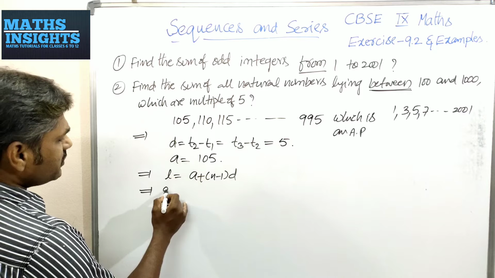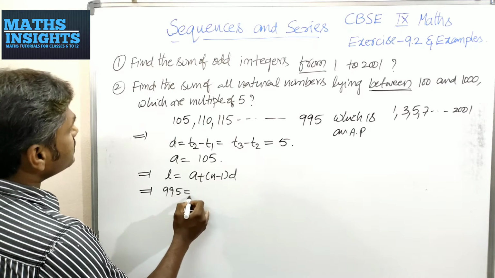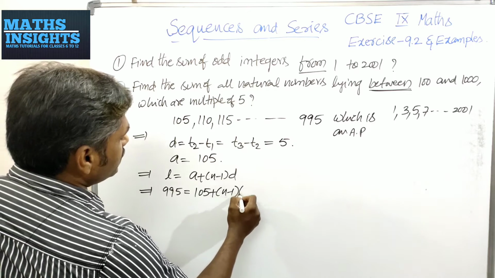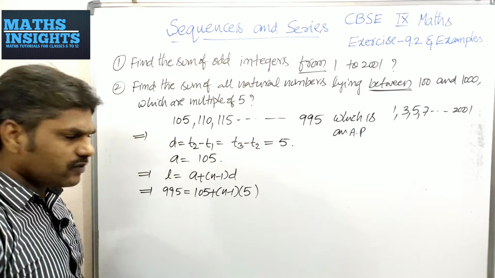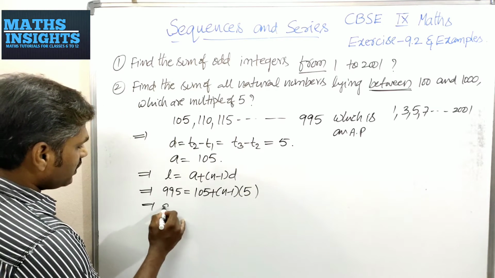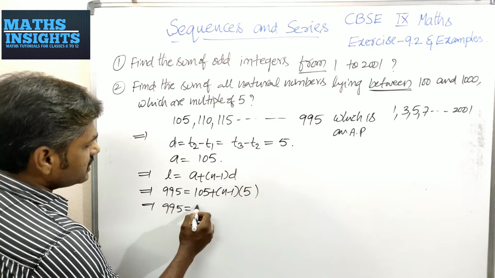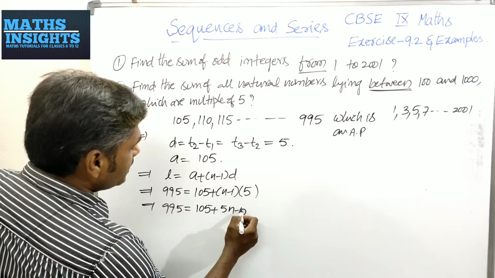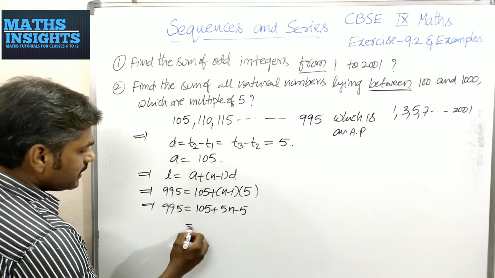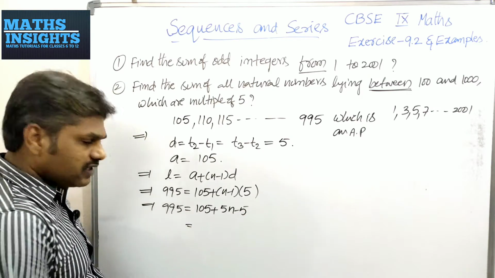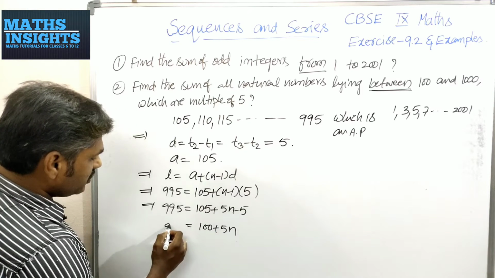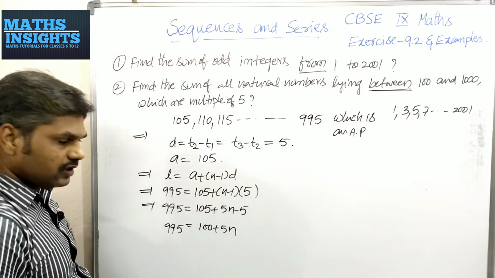So the last term is 995, that is equal to a, which is 105, plus n minus 1 into d, where the d value is 5. Therefore 995 equals 105 plus 5n minus 5. See, 105 minus 5 is 100, 100 plus 5n gives 995.